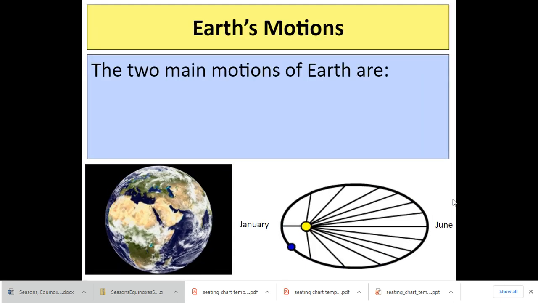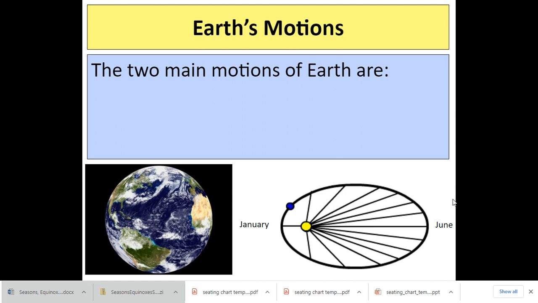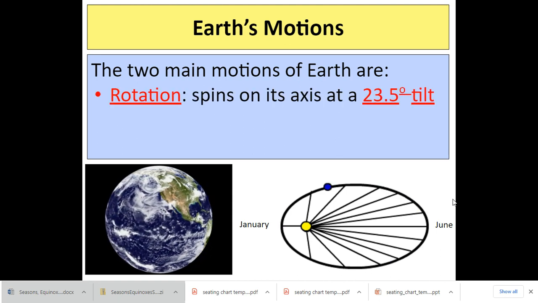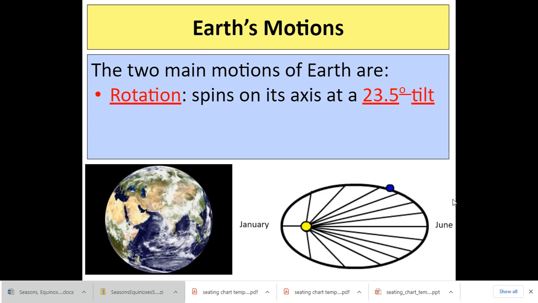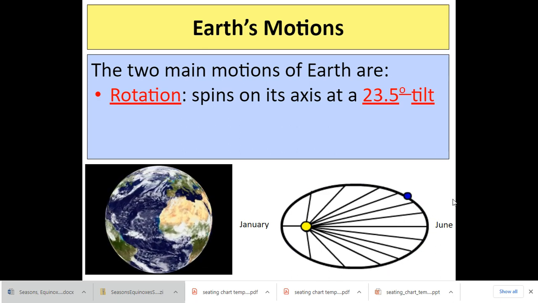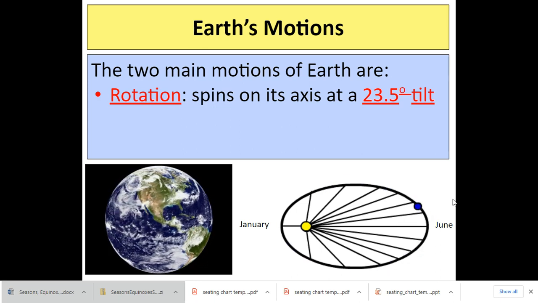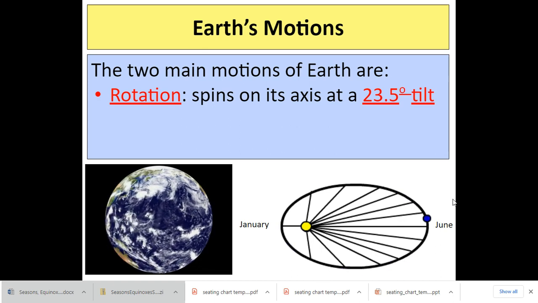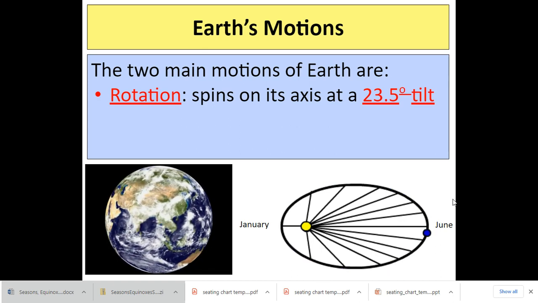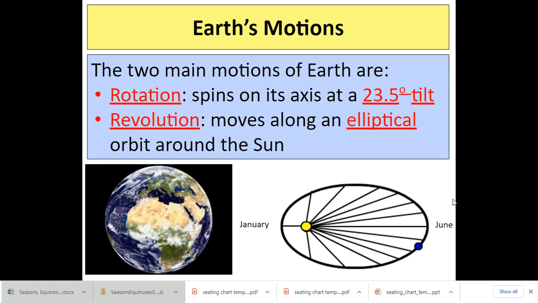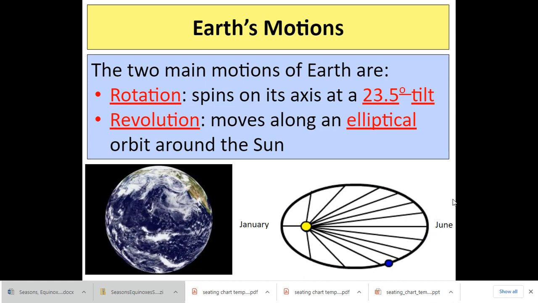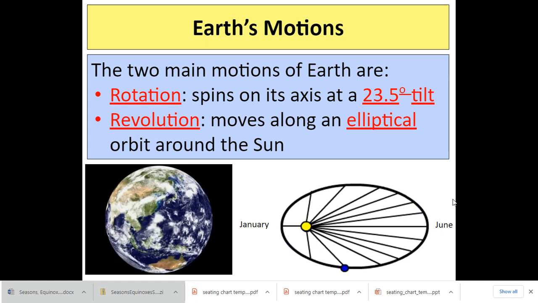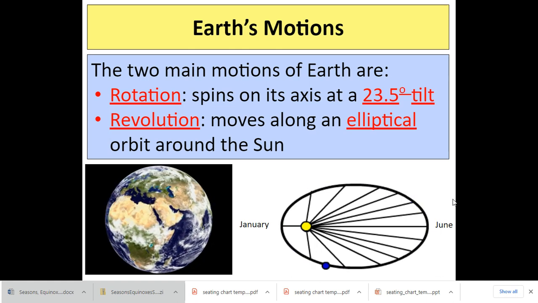Okay, Earth's motions. The two main motions of Earth are rotation, which is spinning on its axis at a 23.5 degree tilt. You can see in this image that the Earth is spinning around, and that is the cause of day and night. And the next is revolution, in which the Earth moves in an elliptical orbit around the sun.